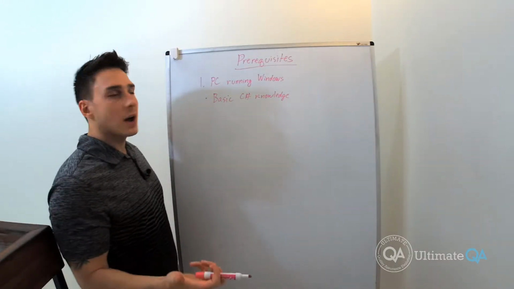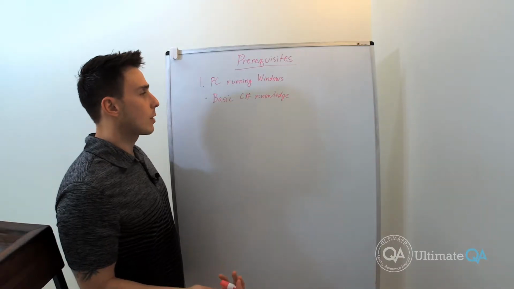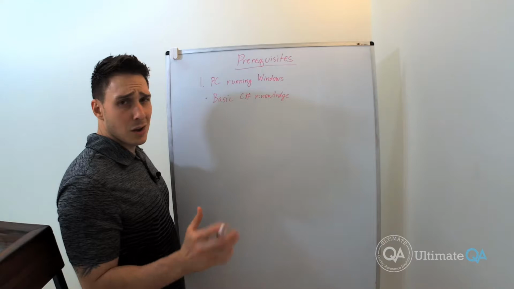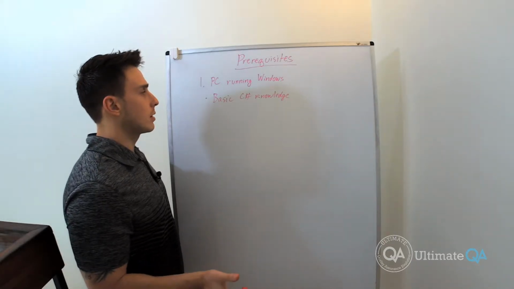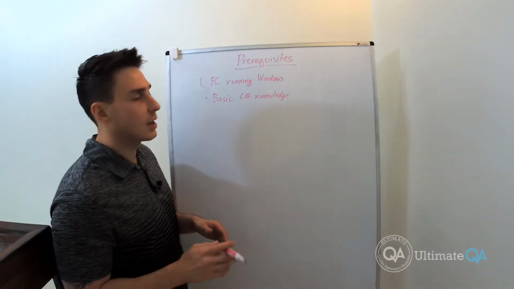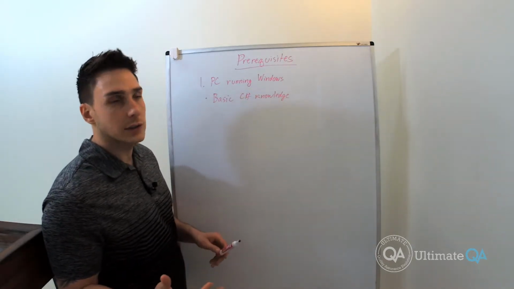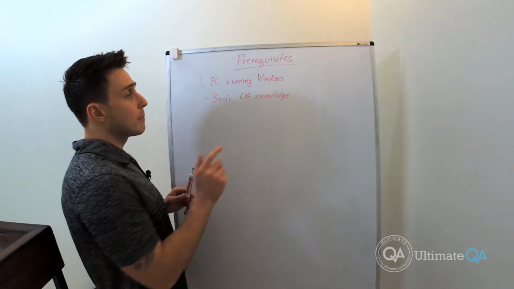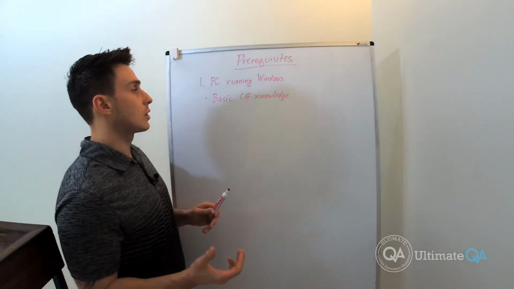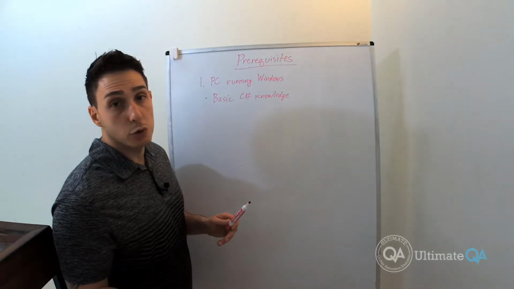We don't do anything too complicated here utilizing Selenium WebDriver. We have a couple classes and a couple object-oriented programming principles. However, besides that, we don't do anything too complicated. No interfaces, no generics, none of that kind of stuff. So if you have the basic C# knowledge, you'll be able to follow along because the majority of it just involves writing very few lines of code.